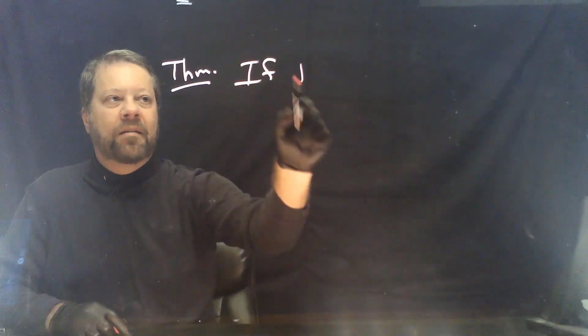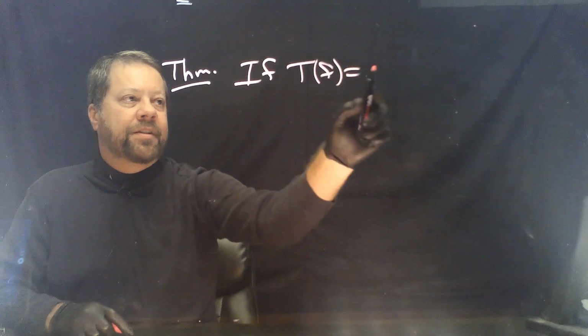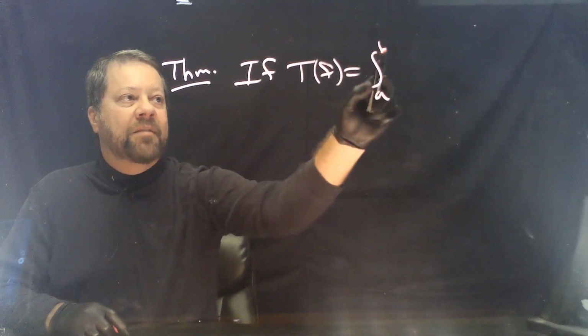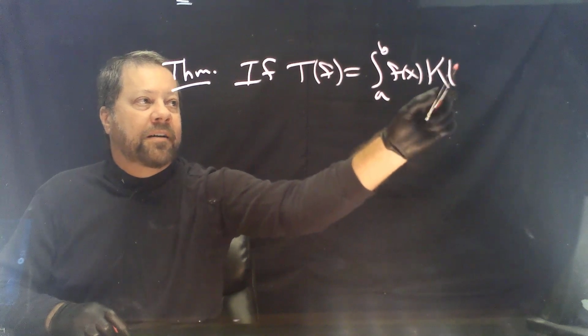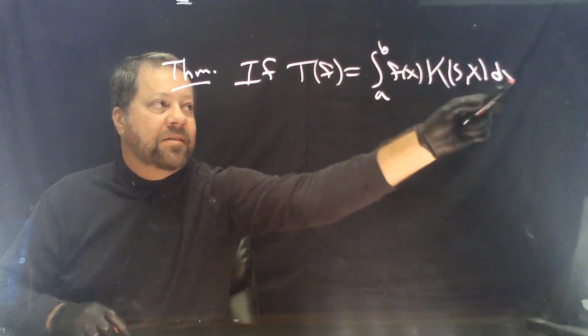In fact, it's easy to see that all of the integral transforms of the sort that we are studying here are linear transformations. T of f is defined to be the integral from a to b of f of x k of s x dx.